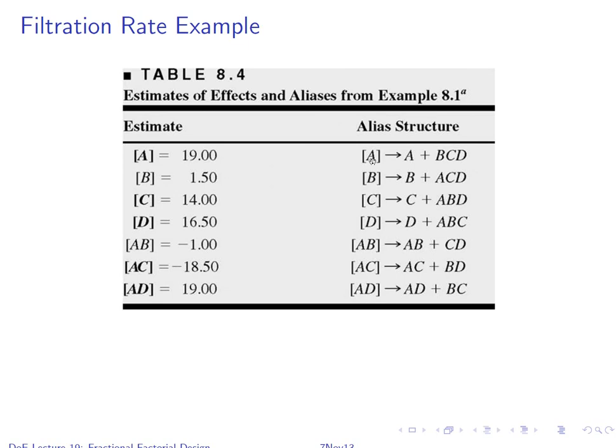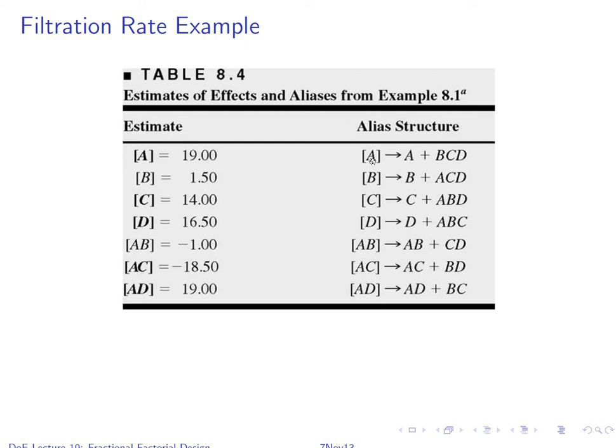So let's skip ahead and show you, and you can go back and convince yourself the values of the main effects of A, B, C, or D are shown in the left-hand side, 19, 1.5, 14, and 16, and then the values of the 2-factor interactions A, B, A, C, and A, D are also shown, and those are their actual numerical values from the combination.